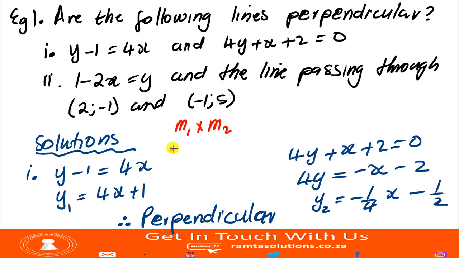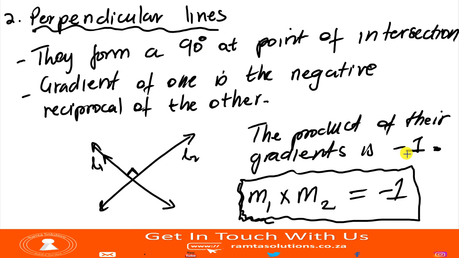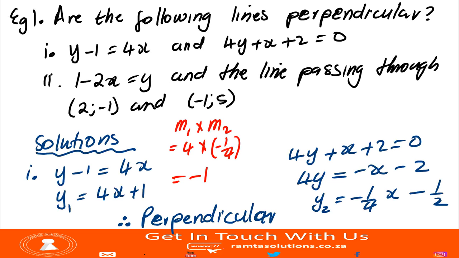This one is 4, the coefficient of x, and this one is negative 1 over 4. So what is your answer? Your answer is negative 1. Remember, if lines are perpendicular, the product of their gradients is equal to negative 1. So therefore, these two lines are perpendicular. Okay, perfect.